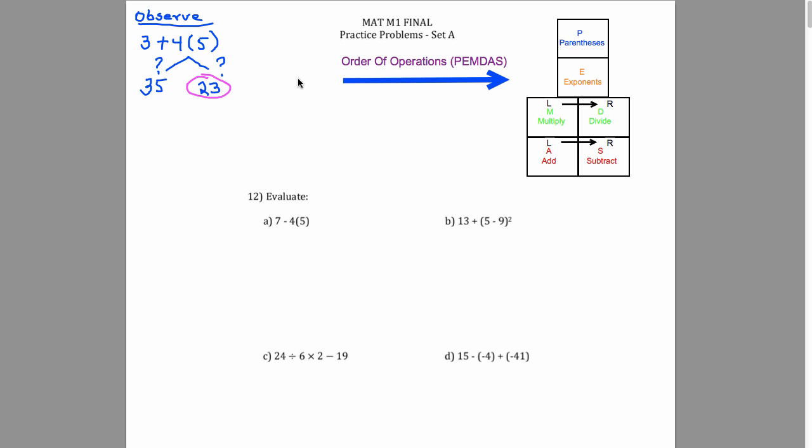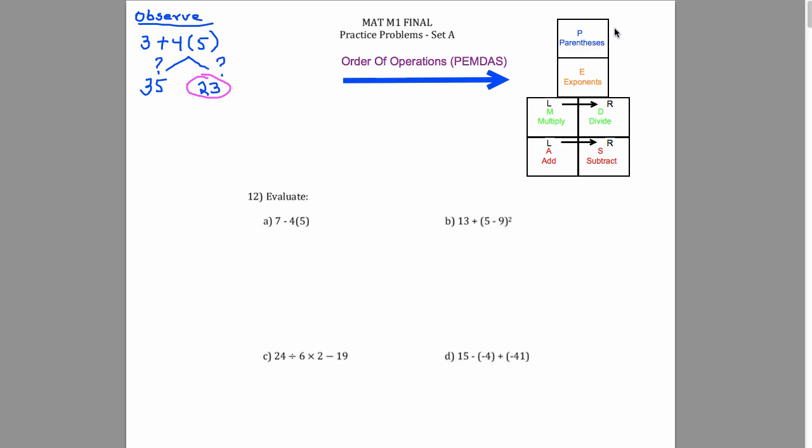Now let's look more closely at the order of operations. The beginning letter here is P, which means parentheses, but there's a little more to it than that. When we say parentheses, we mean we do that first if there's an operation inside the parentheses.